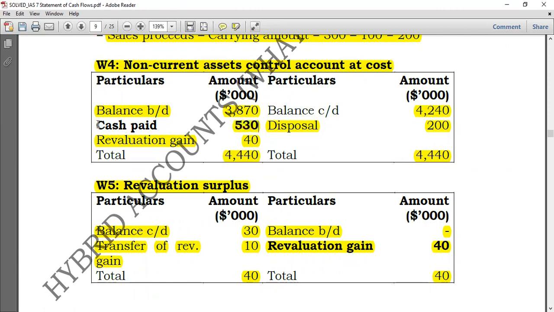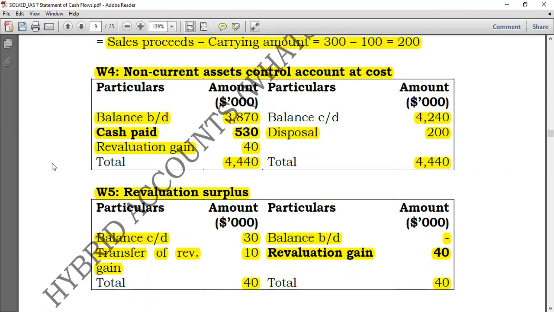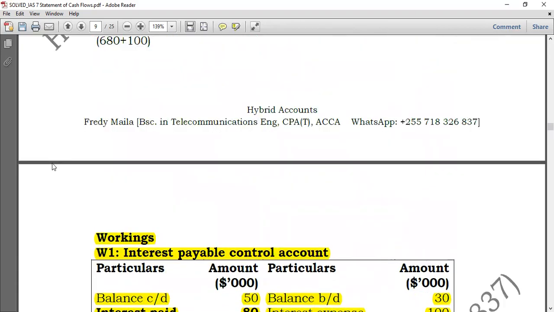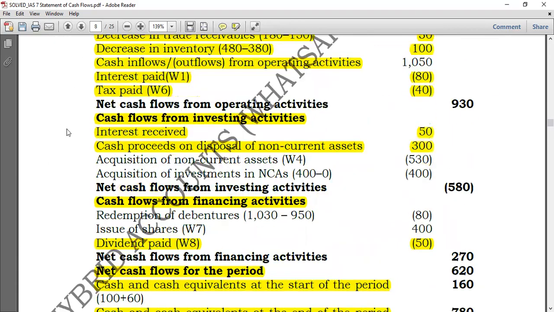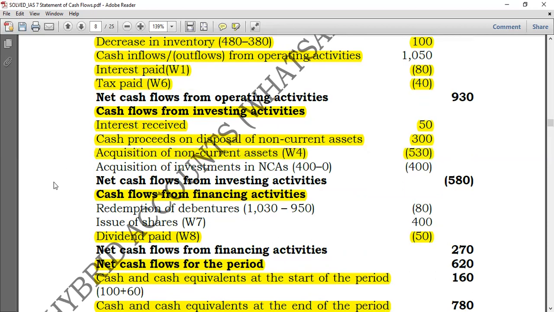And this would be the cash paid, as I told you, because it is on the debit side of the control account. So I say cash paid, that means an acquisition. So we acquired non-current assets by the total amount of 530. So it would come under investing activities because it's an acquisition of non-current assets, 530 here, just like this.